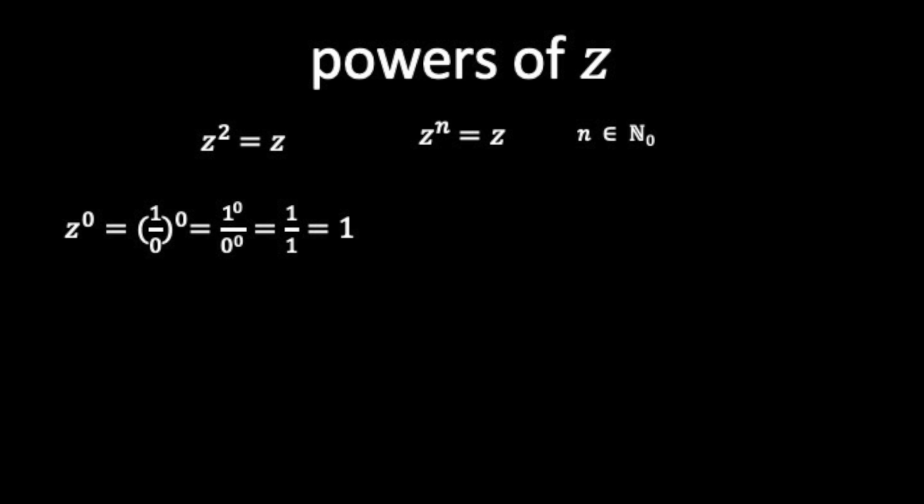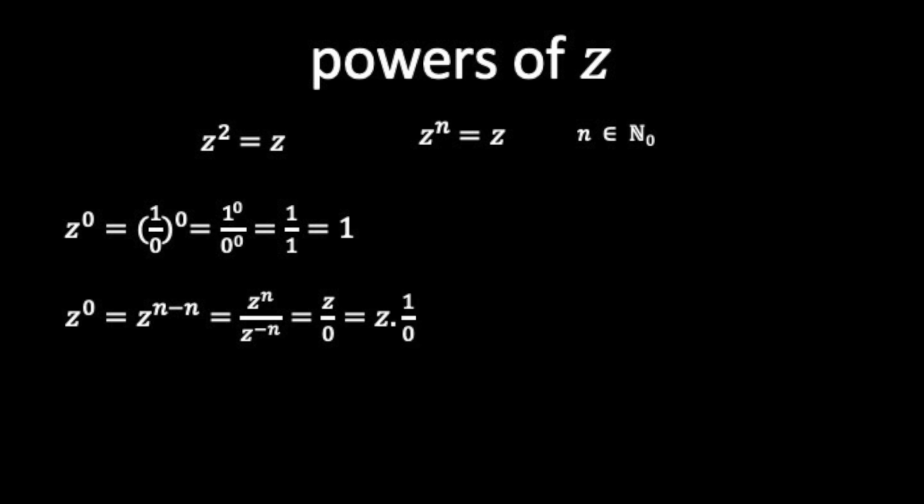But if we calculate z to the power 0 as z to the power n minus n, then this becomes z to the power n divided by z to the power minus n. But as we know from what precedes, this equals z divided by 0, or z times 1 divided by 0.